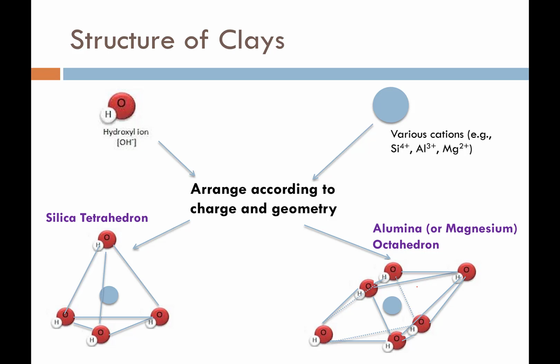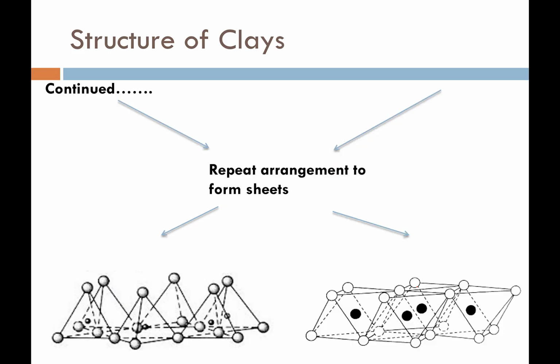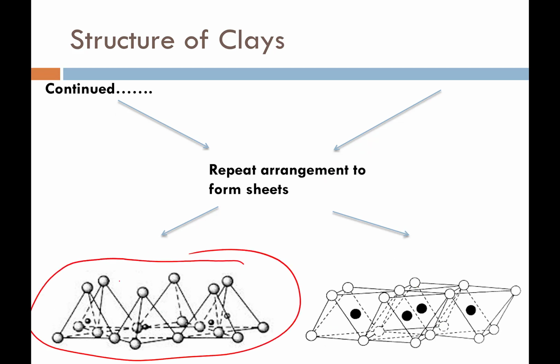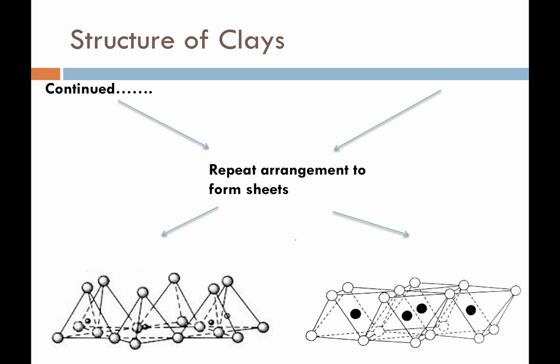Okay, so depending on the net charge that results from these molecules that form and the cations that are basically holding all these things together, they start to arrange themselves into sheets like this, which means that these different tetrahedra may start to share hydroxyls. And these shared hydroxyls begin to link them together.